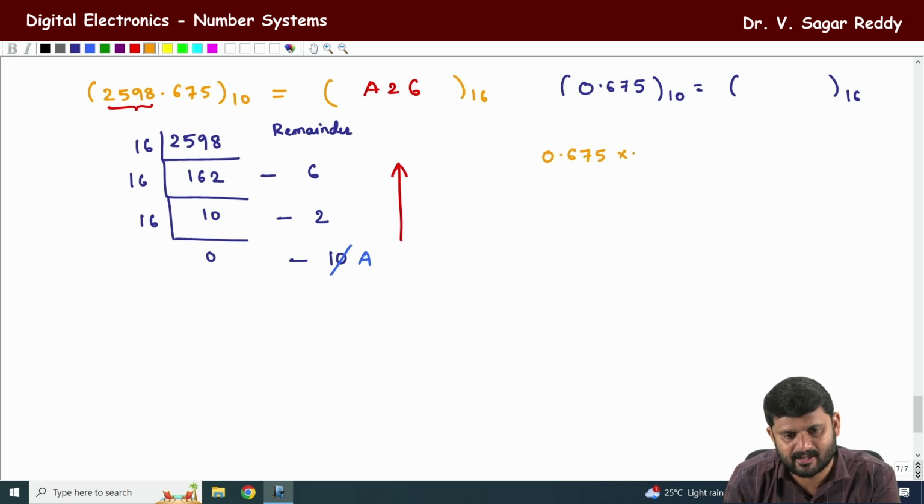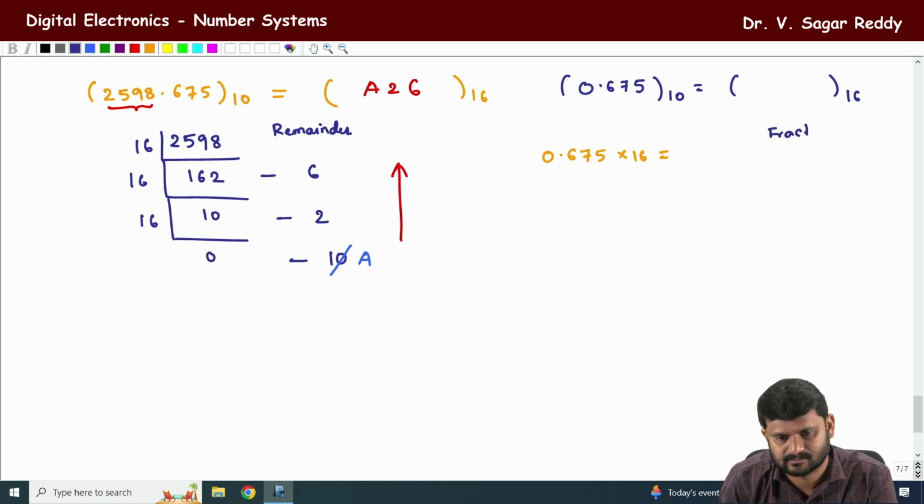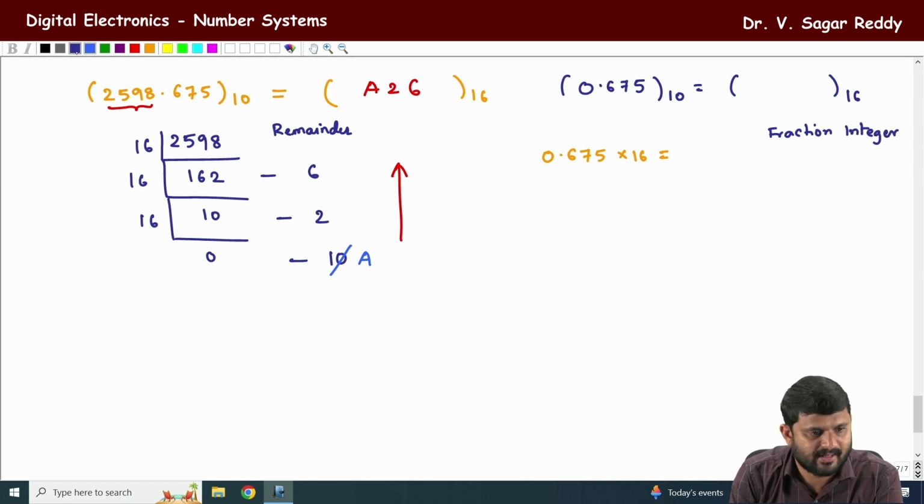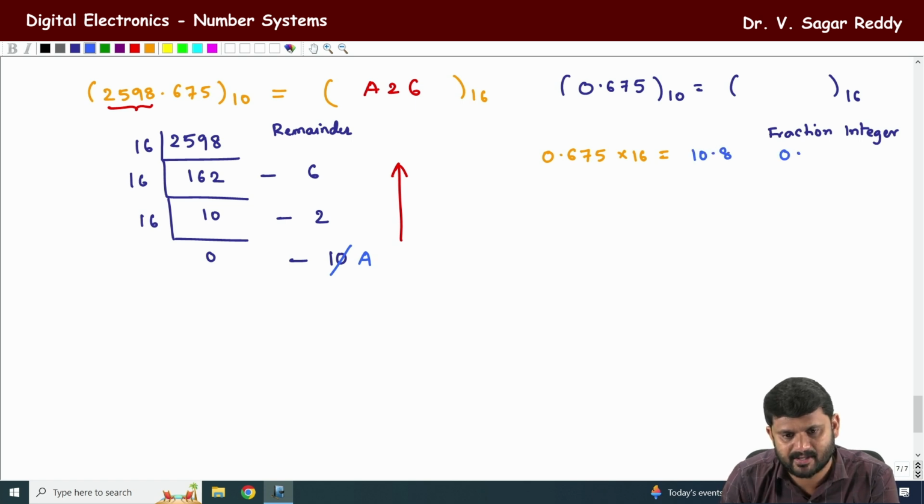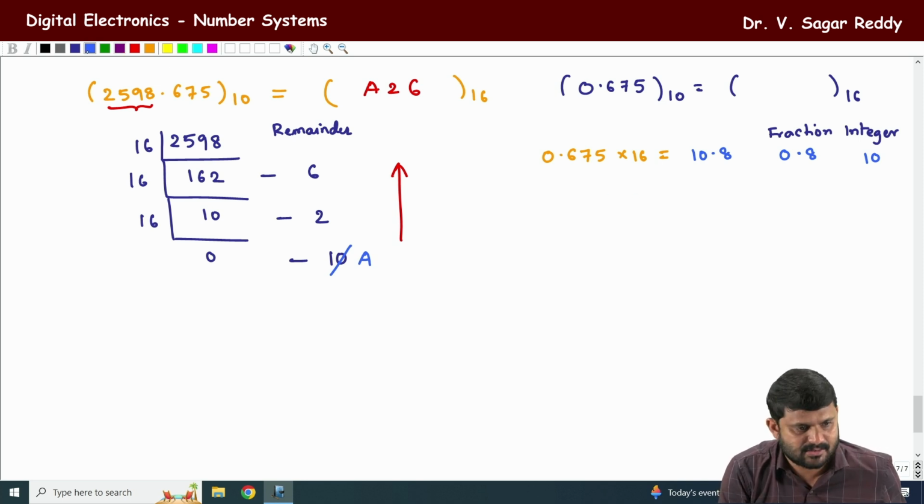Take 0.675 and multiply with 16. We will get some number, with a fraction part as well as an integer. If I multiply here, we get 10.8. The fraction is 0.8 and the integer is 10. Then I'll take this fraction 0.8 and multiply with 16, and I get 12.8.